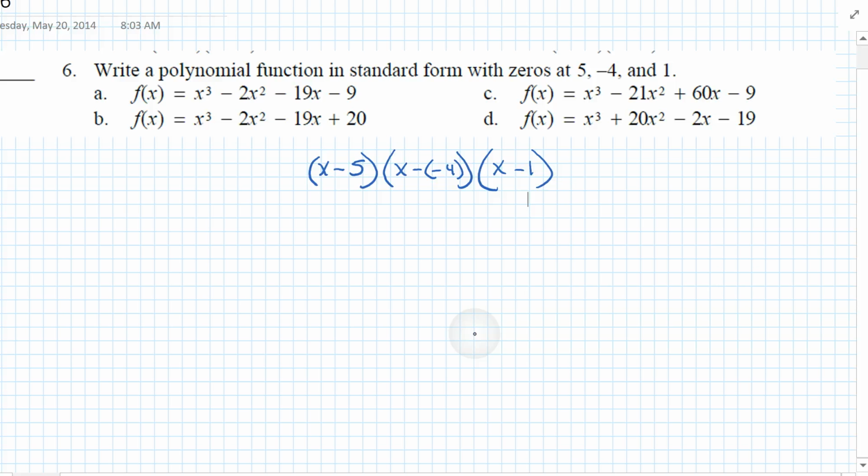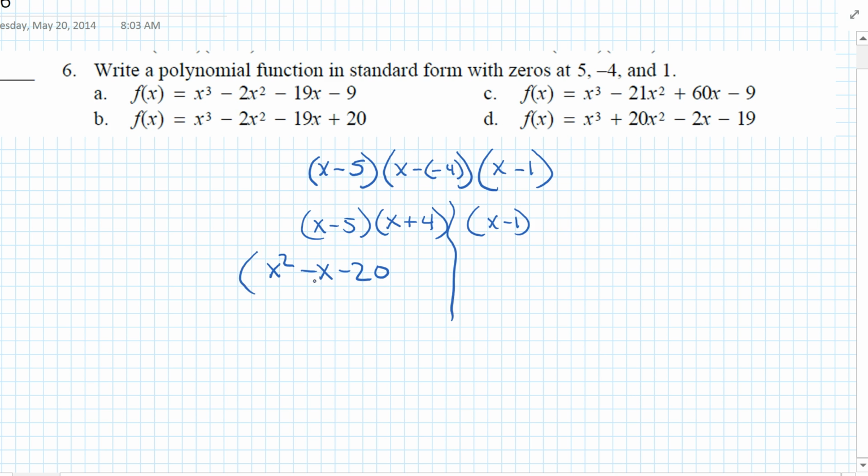And I just have to distribute. So x minus 5 times x plus 4 is going to be x squared minus x minus 20. You can work that out. Now we're going to multiply by x minus 1.